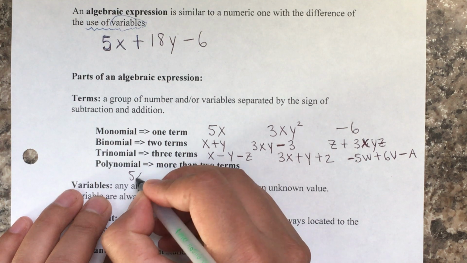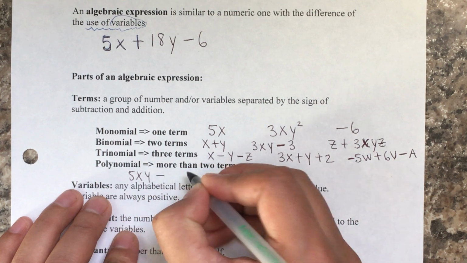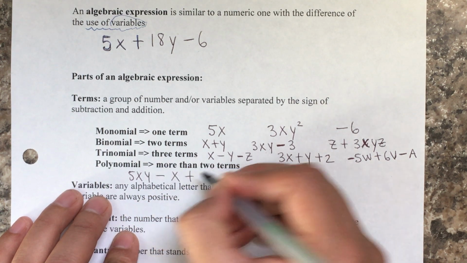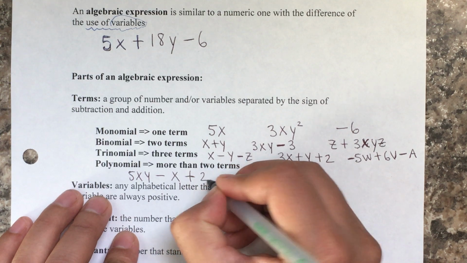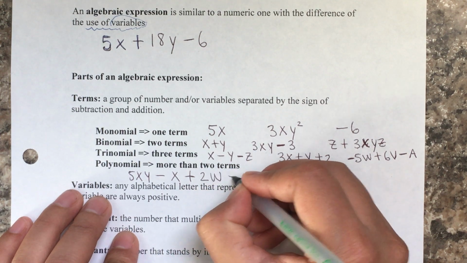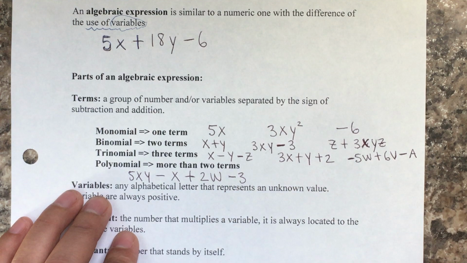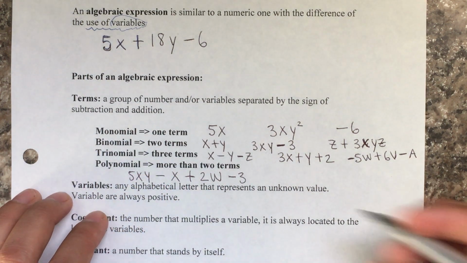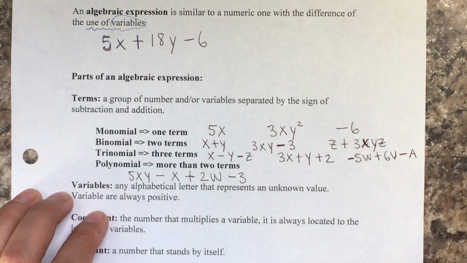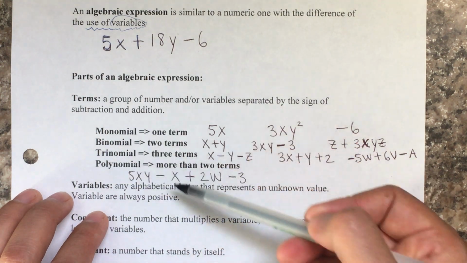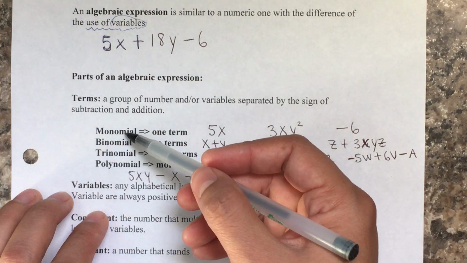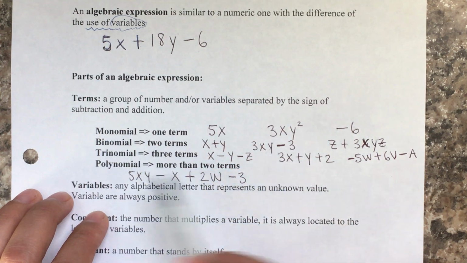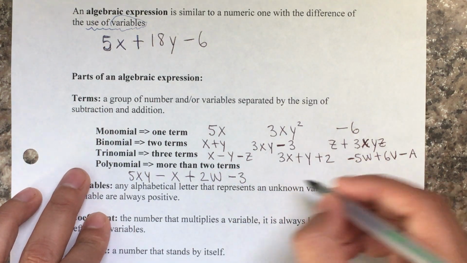So 5xy minus x plus 2w minus 3, for example. It has 4 terms. And that will be quadrinomial, but you don't have to learn more. I mean, there are names for other ones, but you can just say monomial, binomial, trinomial, and after that you can just call them polynomials. Okay.